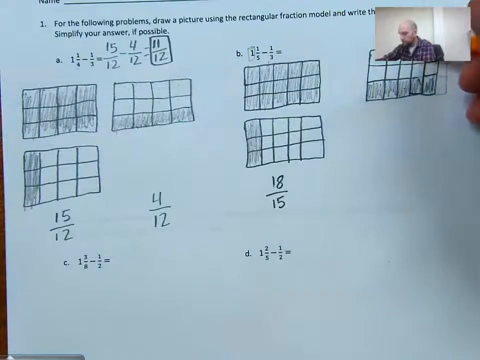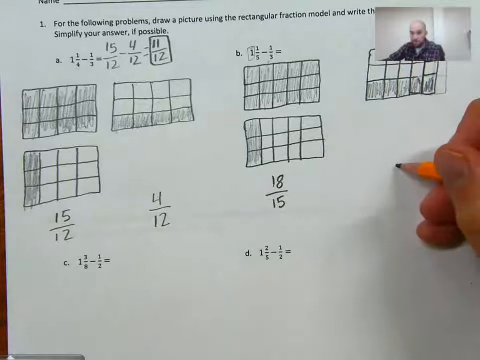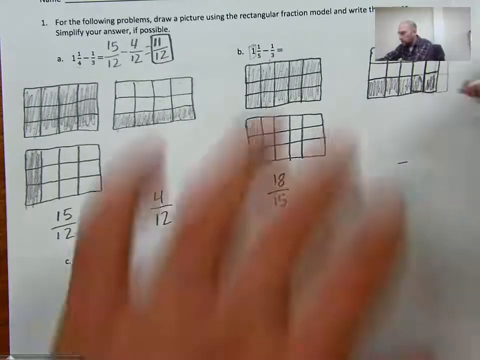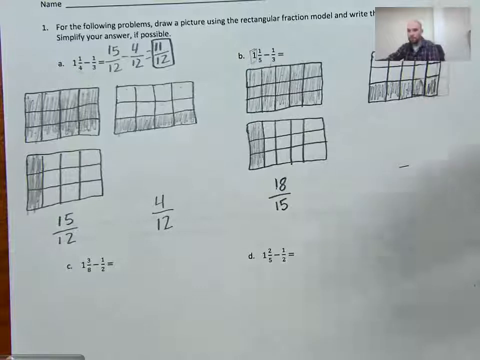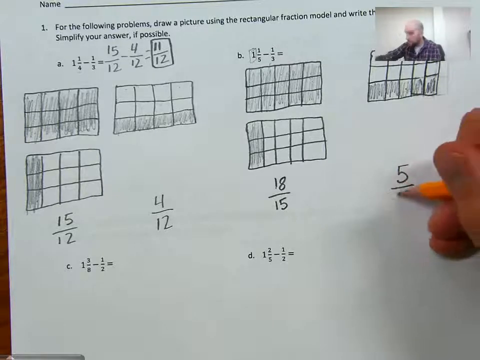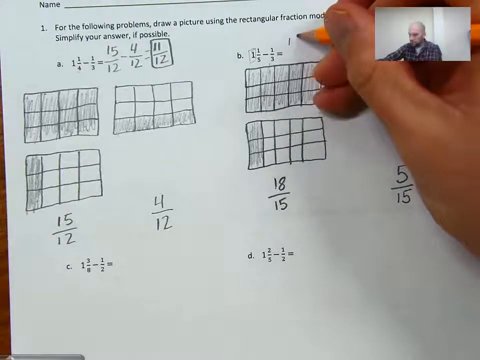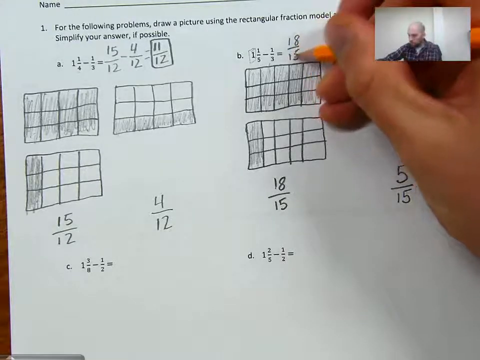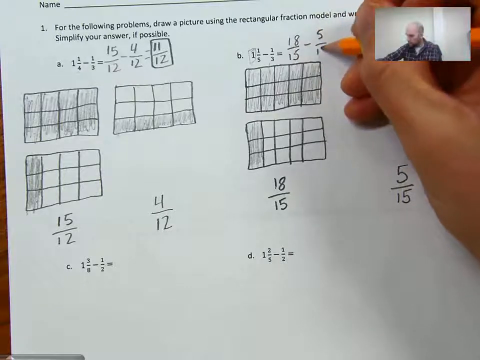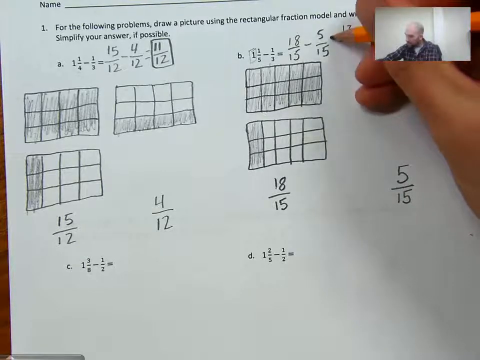One, 2, 3, 4, 5, and I have 5 15ths on the side. Let me erase that so we don't get confused. 5 15ths. So now I have 18 15ths minus 5 15ths. 18 minus 5 is 13. I end up with 13 15ths.